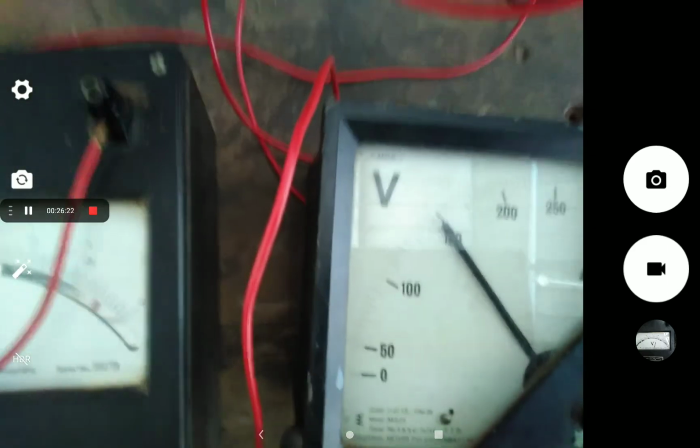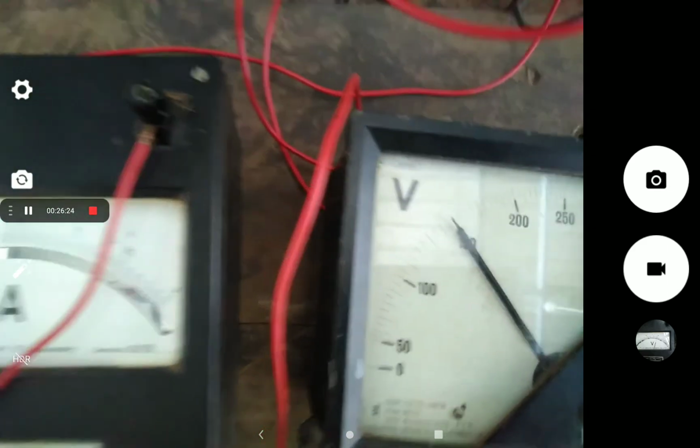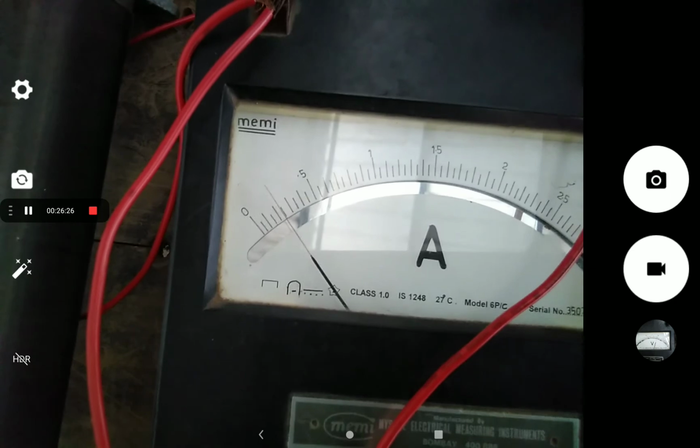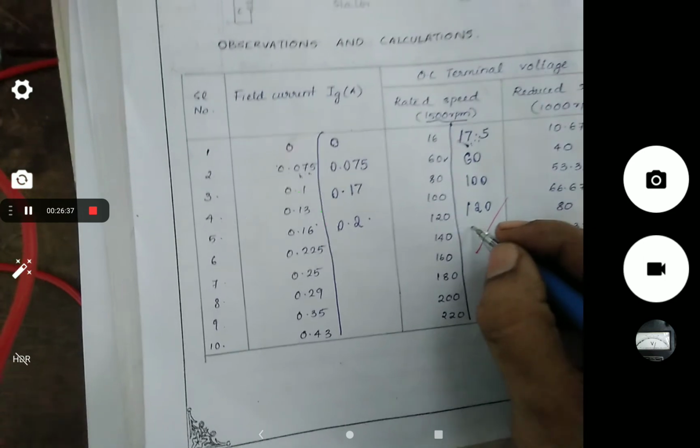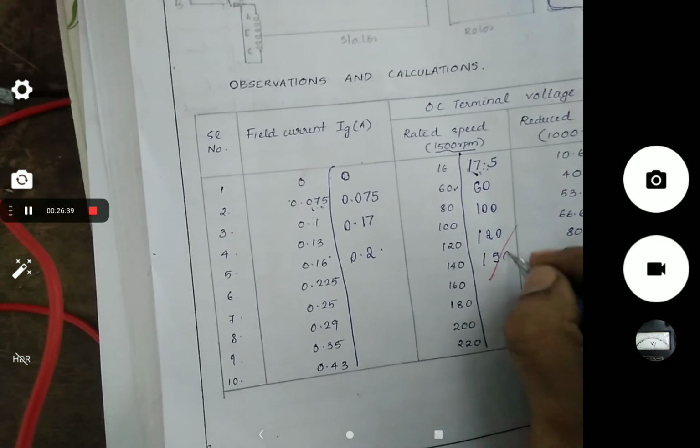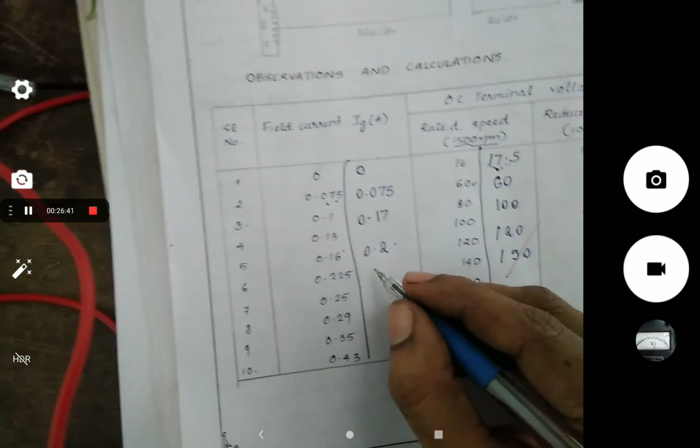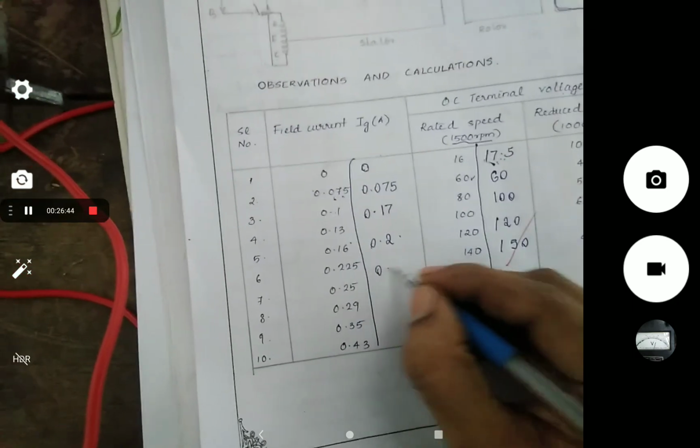So you have set 150 volts here and the current is 0.25. Okay. So your voltage is 150. For that your current is 0.25. Okay.